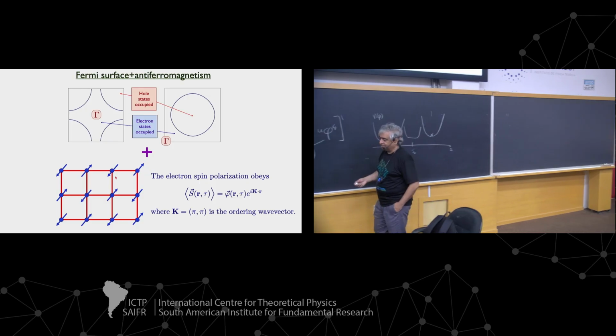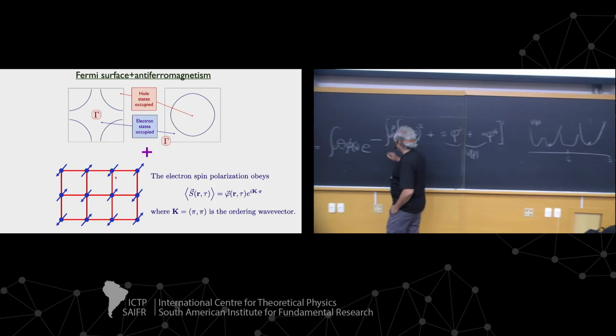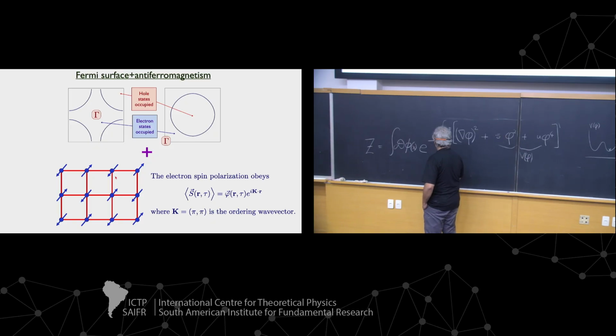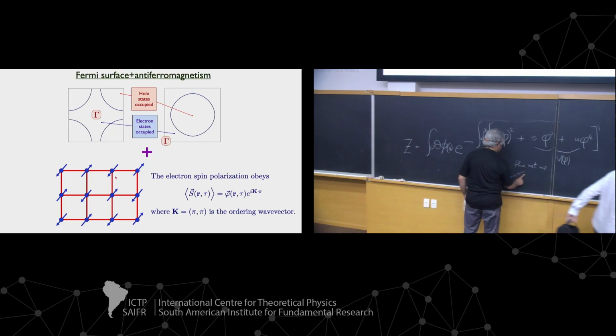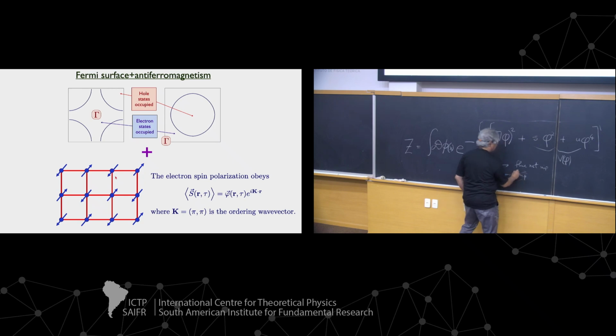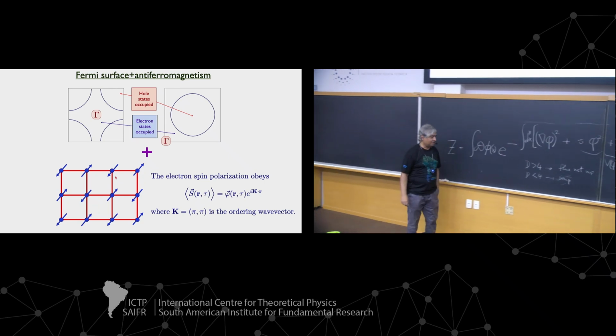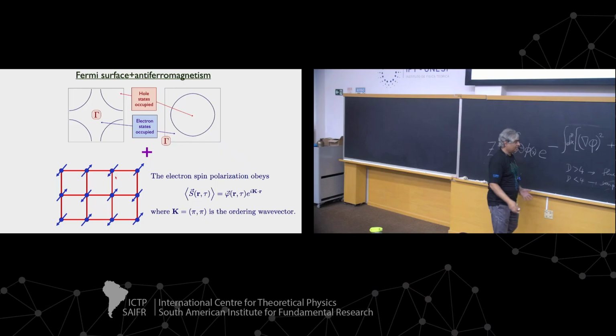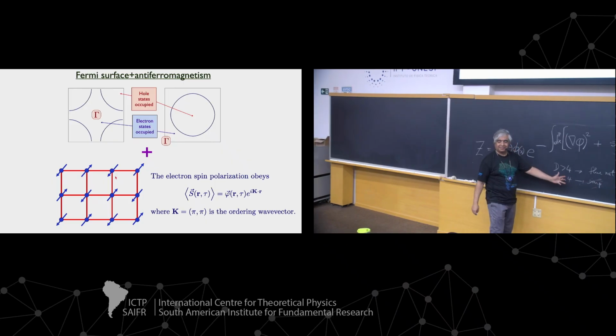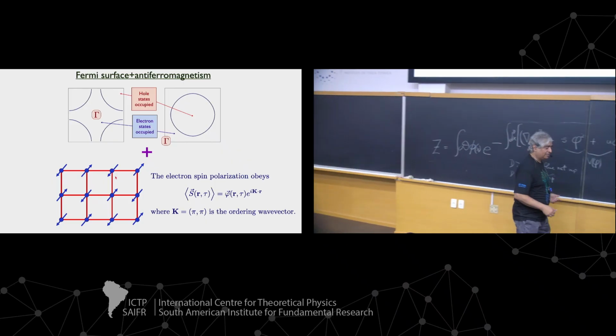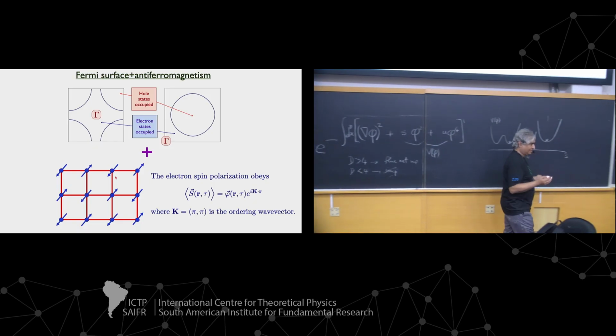And what was found was that the key thing was the dimensionality: for d greater than 4, fluctuations were not important, whereas for d less than 4, they are very important. And I just want to go through the RG argument that shows that, and also show you how for d close to 4, there is what's called the epsilon expansion that allows you to compute a few things and understand something.